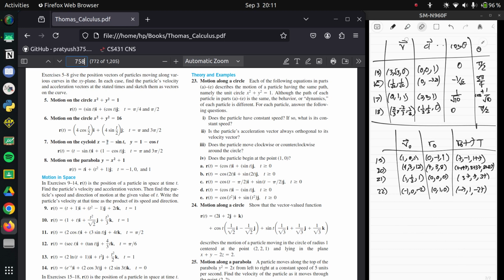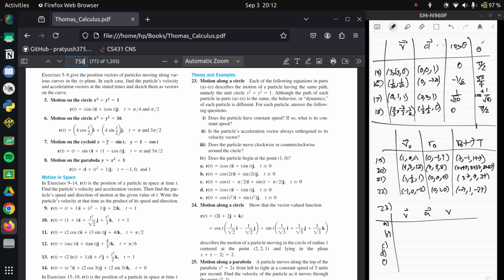So the questions we want to do, so just 23, and so you have A, B, C, D, E, and what quantities do you want? Does this particle have constant speed? So just the velocity vector firstly, and the acceleration vector, so the speed, right.